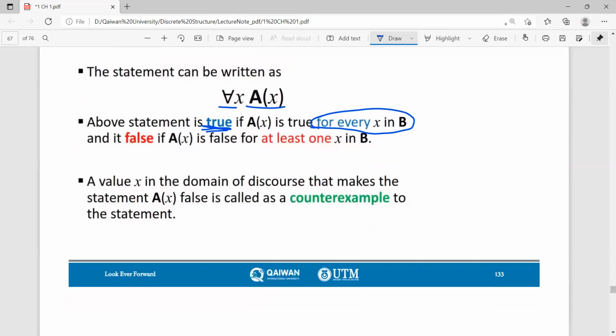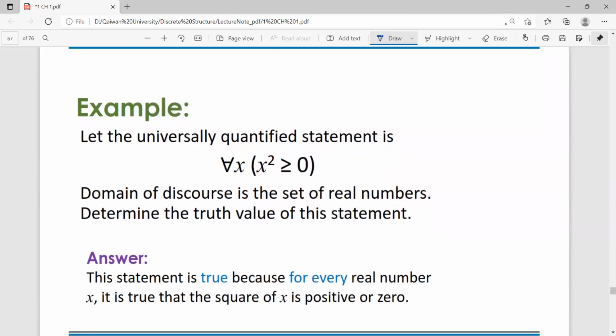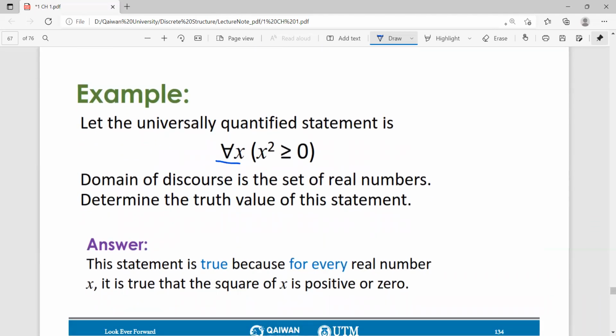You can see that here. For all x, x squared is greater than or equal to 0. This is the proposition, and x belongs to the real numbers.